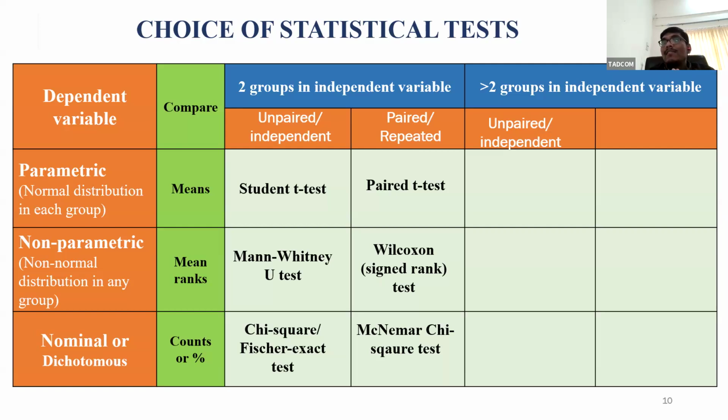Or we have three age categories, say less than 25, 25 to 50, more than 50. Then we want to compare our outcome variable, say for example cholesterol levels again. Same example I am sticking with.